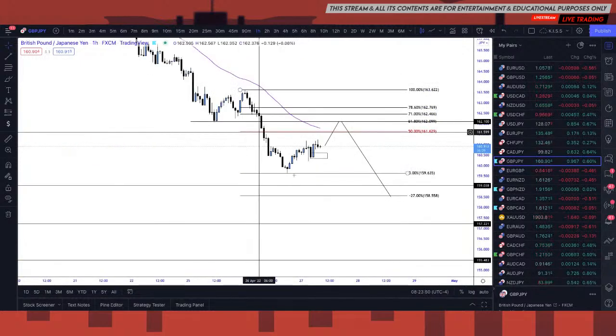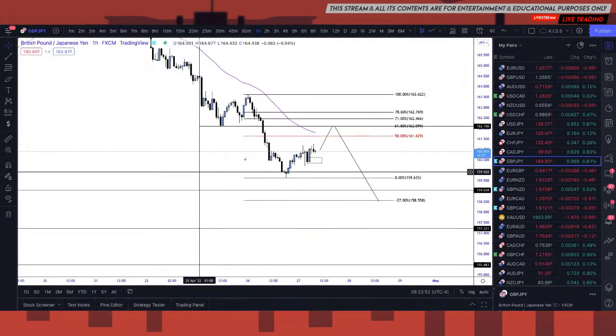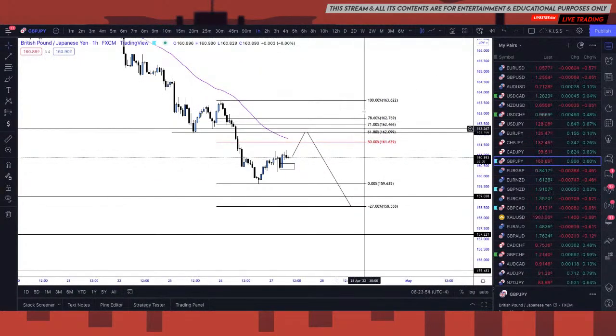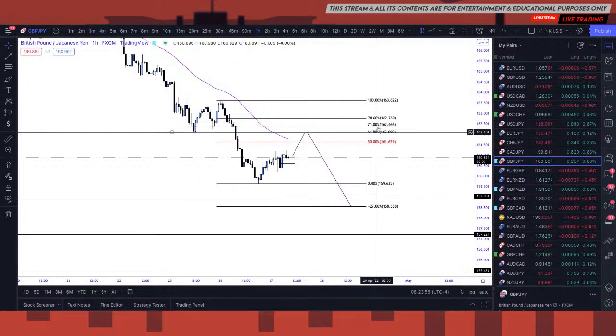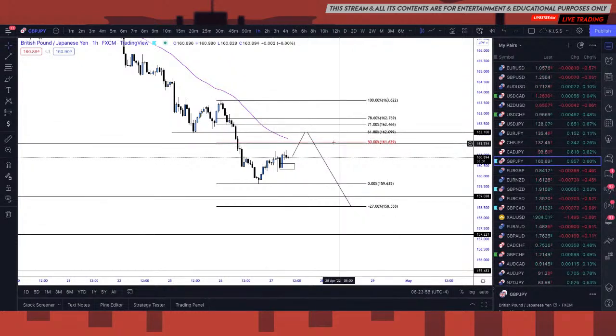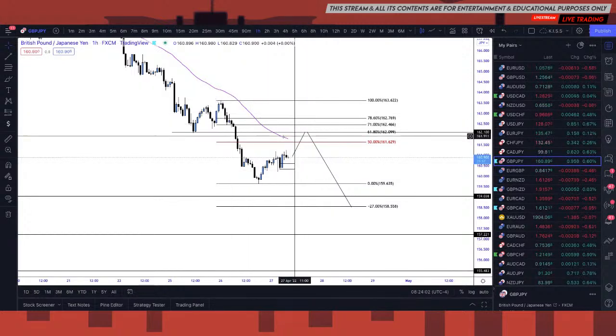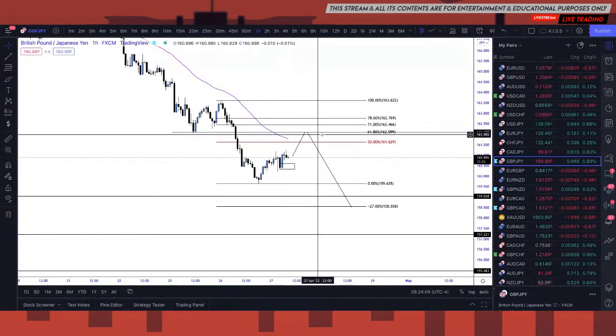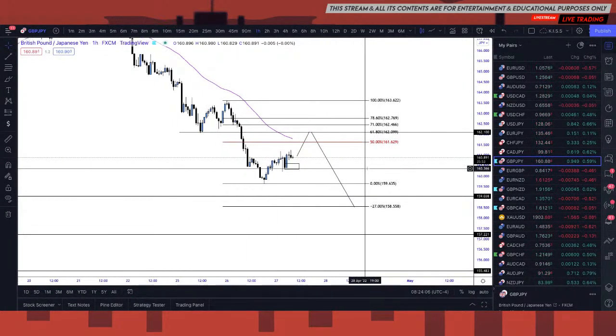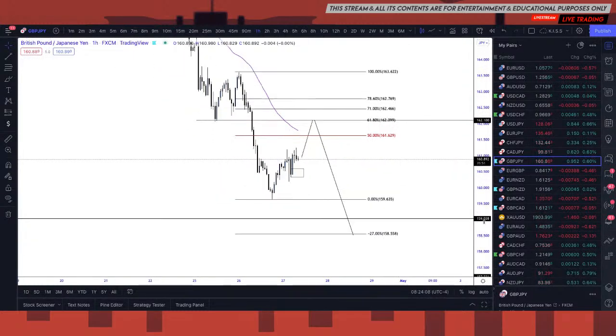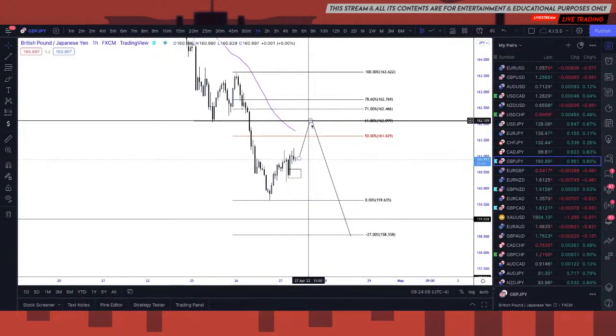If you scale in to the lower time frame, 1 hour, this low lines up beautifully with the 61.8. Again, that's just a confluence. Same with our 1 hour 50 EMA, but a lot of confluences around this level of price, 162.1. So there's a sell limit for you guys, 162.1.